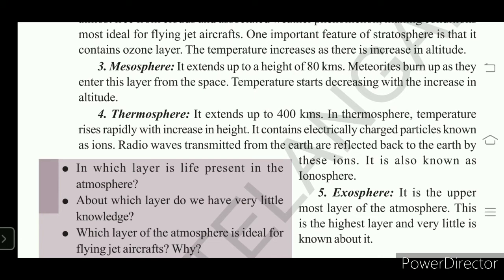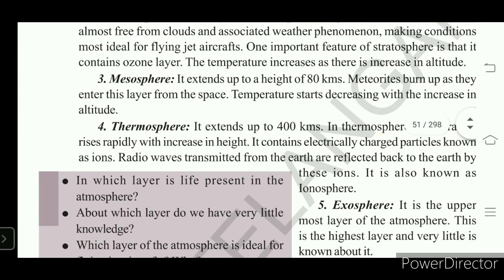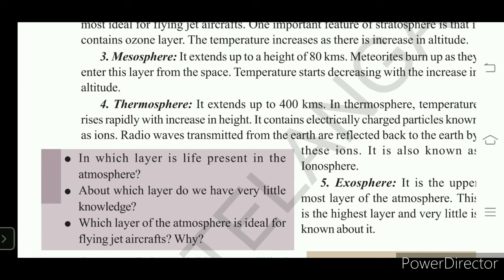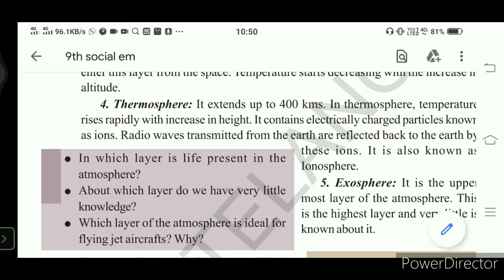Thermo is a Greek word used to identify temperature. So here we see a rapid increase in the temperature in the thermosphere. It extends up to 400 kilometers.